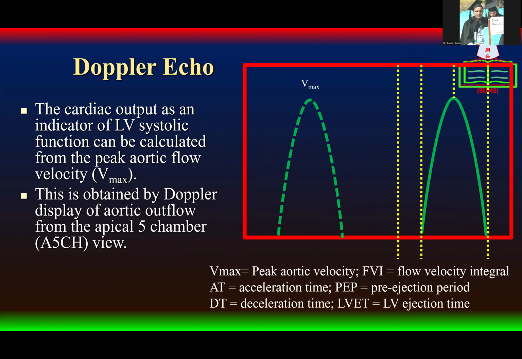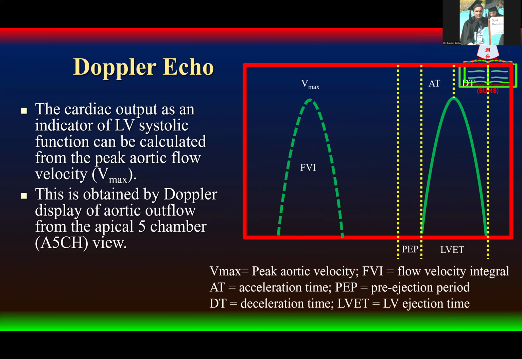With Doppler echo, the cardiac output as an indicator of left ventricular systolic function can be calculated from the peak aortic flow velocity, maximum velocity, Vmax. This is obtained by Doppler display of aortic outflow from the apical 5-chamber view.